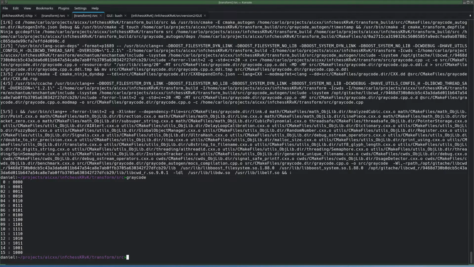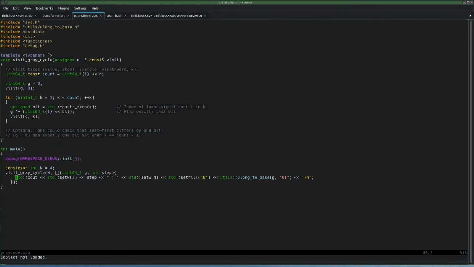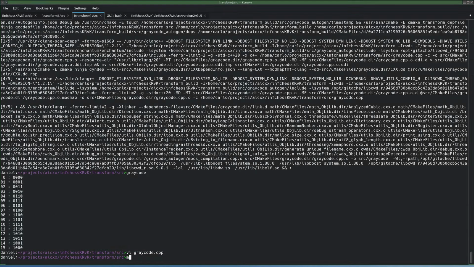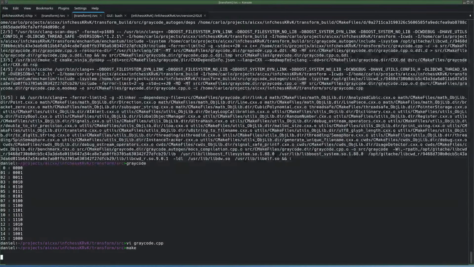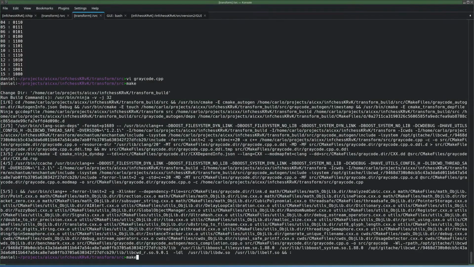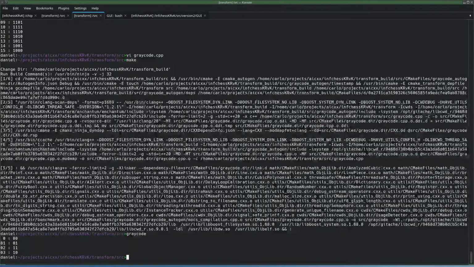Yeah. So in the three-dimensional case, actually the two-dimensional case, it's compiling. Never mind. This walks around a rectangle.